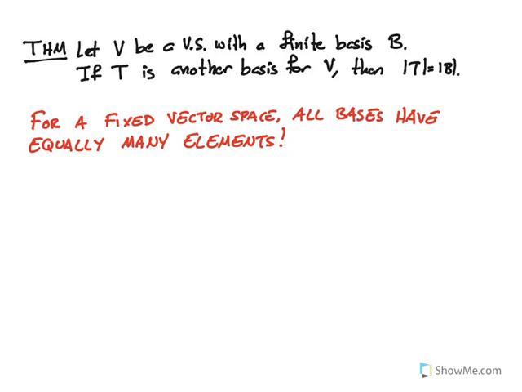So here comes the central result of this section, which is to say that for any fixed vector space, all bases have equally many elements.